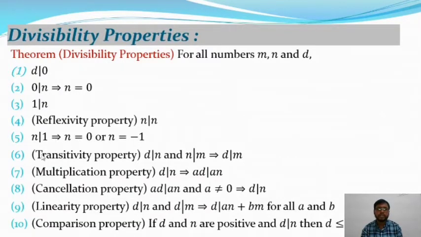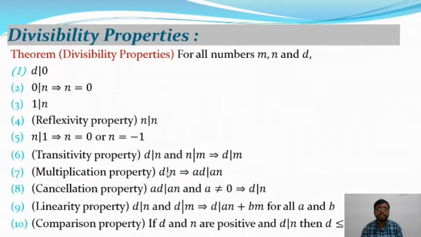Now move on to the sixth property of divisibility. This is called the transitivity property. That means d divides n and n divides m, and combining these two implies d divides m. Now move on to the seventh property of divisibility. This is called the multiplication property.